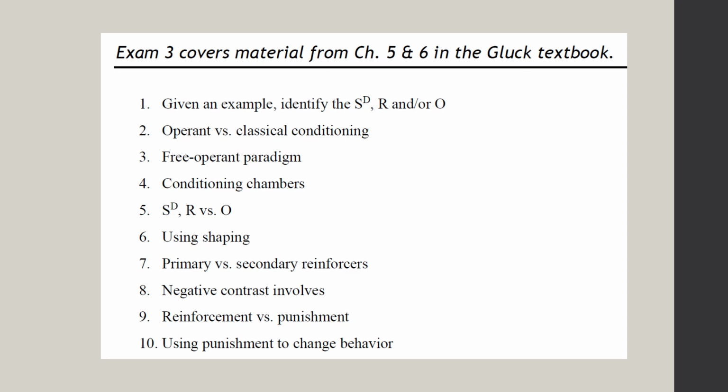All right. Let's see. Discriminative stimulus, response versus outcome. It's a definition question, and it's going to ask about one of those 3. Number 6, using shaping. Now this one is going to give you a situation where they want a behavior shaped and wants to know how it would happen.